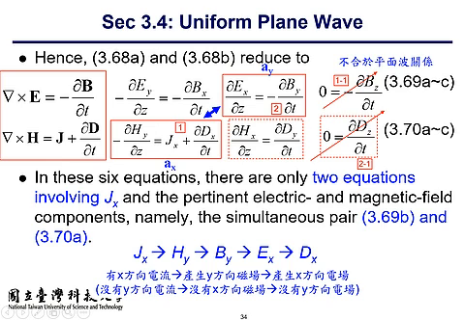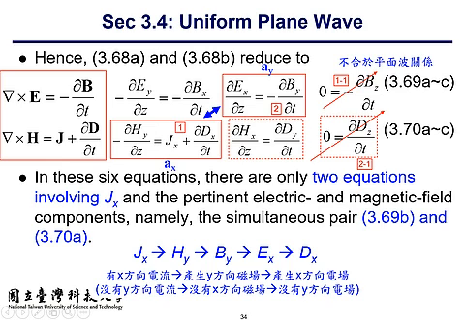So according to the equation in the middle of the top, the difference of Ex with respect to z is associated to the time derivative of By. So the presence of Jx introduces the difference in space for Hy and By as well.